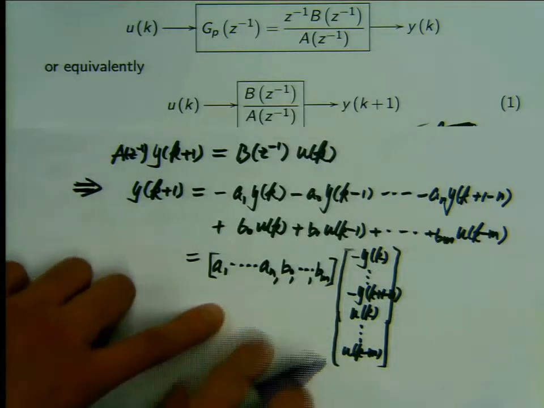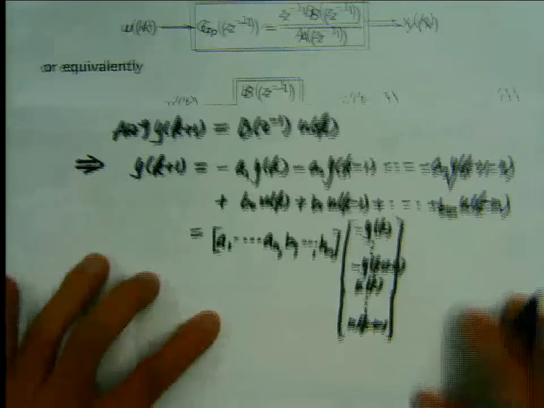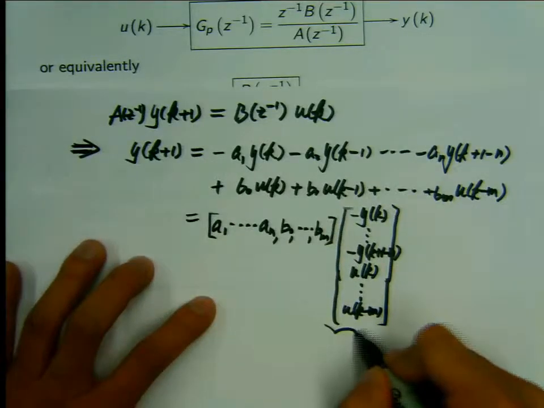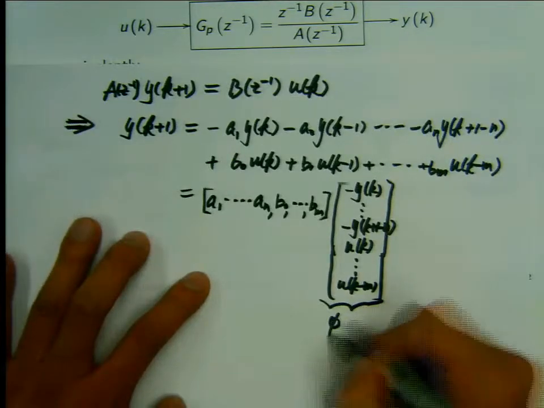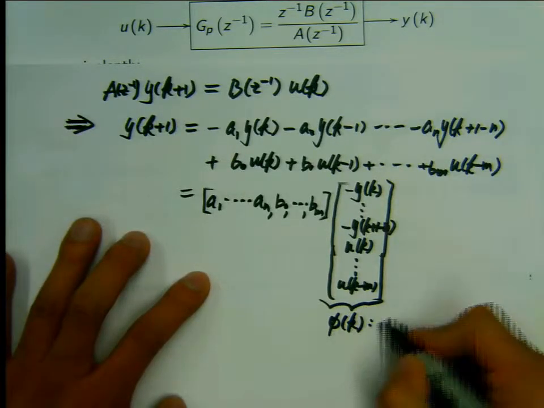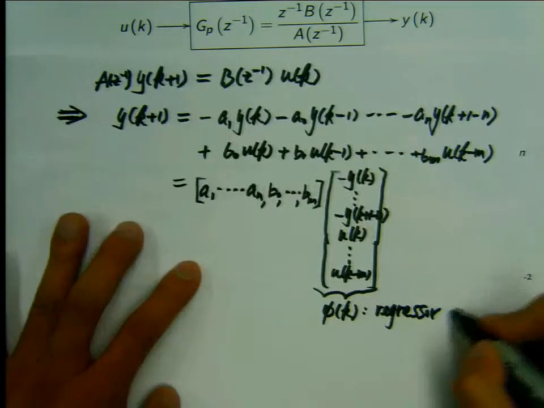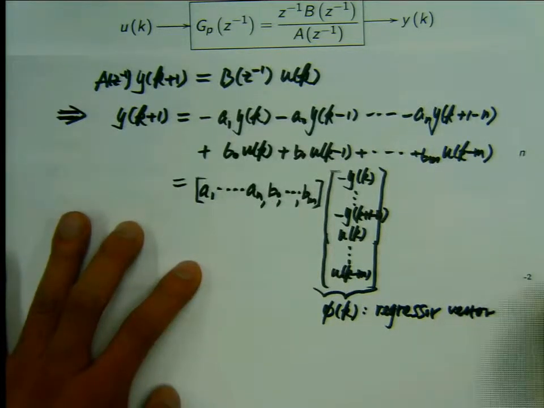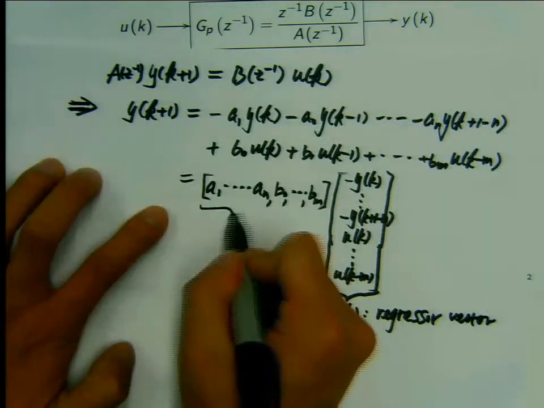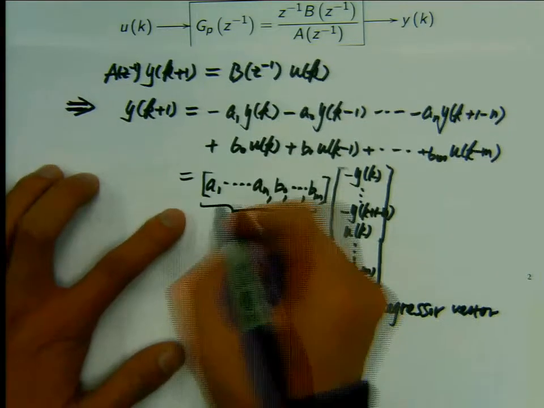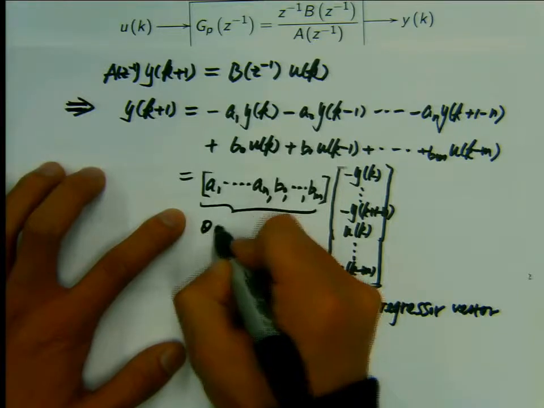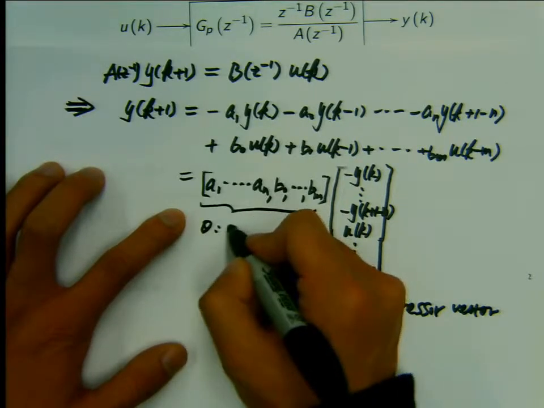So again, we can write it in the regressive form, where, now, let me officially introduce this, called phi k, the regressive vector. And these plant coefficients are usually denoted as theta, called the plant parameter or parameter vector.